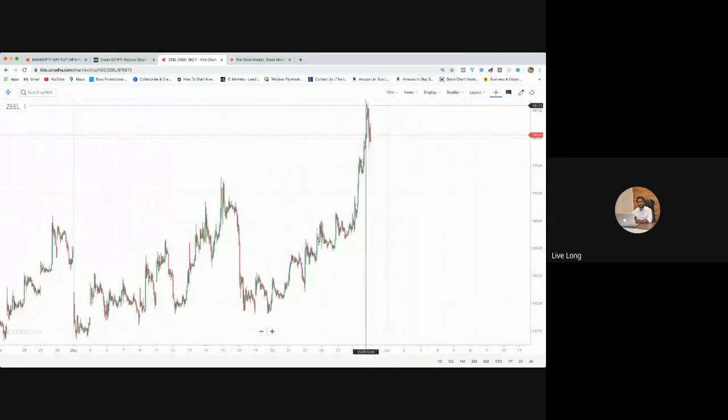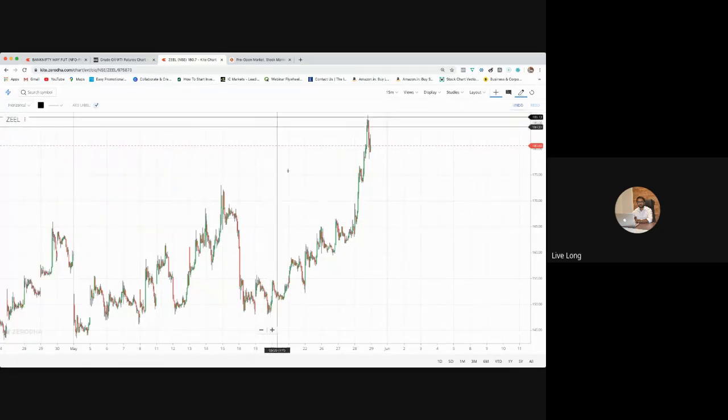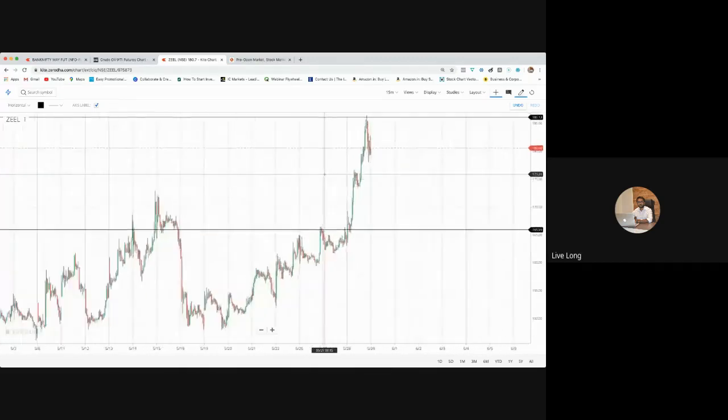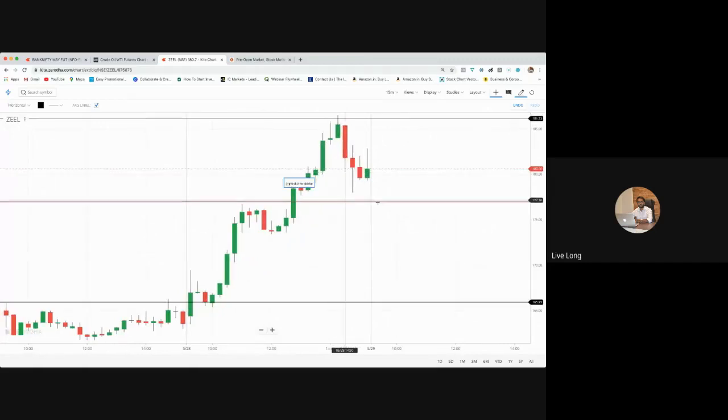Once the price breaks above this resistance level, I may definitely consider going long. Where should I keep a stop loss in this case? Identifying the stop loss is pretty easy here. 180 is where I can consider keeping my stop loss.